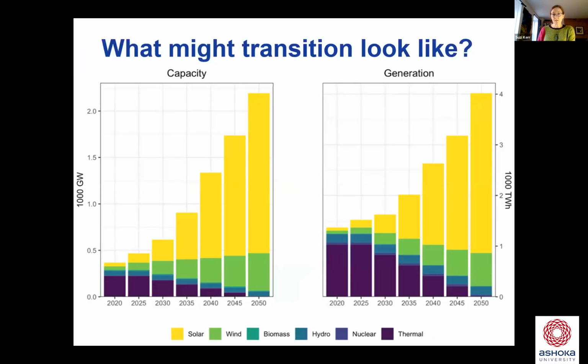And the sorts of things that these models are generating are some pathways for transition. So this is what a transition might look like in terms of the capacity of the sector. And if you look at that generation, look at your favorite, whichever one you find most interesting.